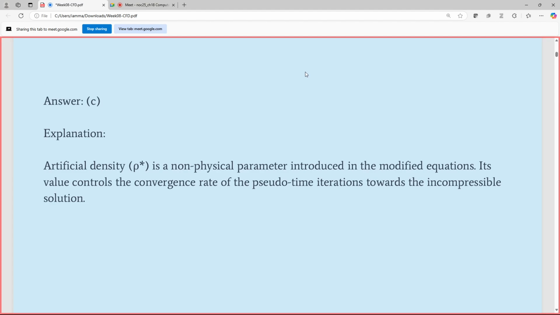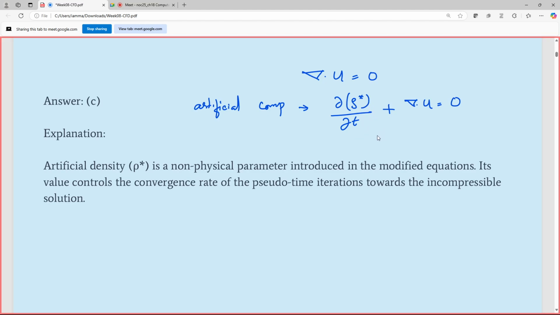So normally we use del dot u is equal to 0 as the continuity equation, but in the artificial compressibility method, dou rho star by dou t plus del dot u is being taken as our continuity equation, where this rho star is the artificial density.